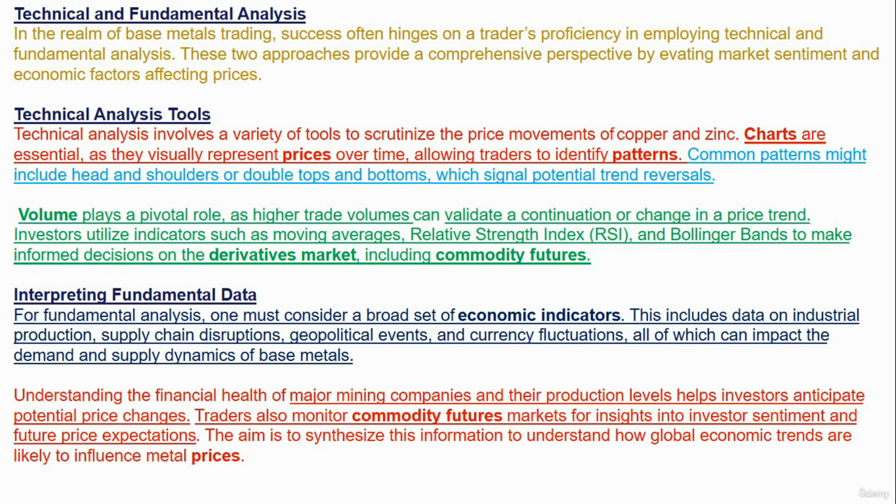This can also help anticipate potential price changes. A trader also monitors the commodity futures market for insights into investor and future price expectations. So the aim is to synthesize this information to understand how global economic trends are likely to influence metal prices.